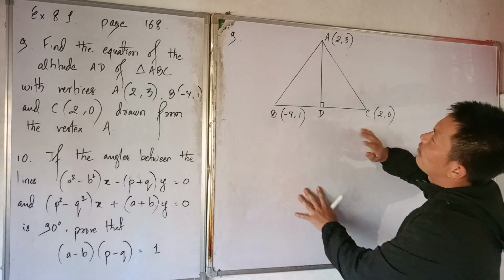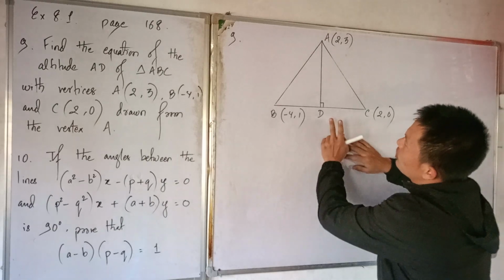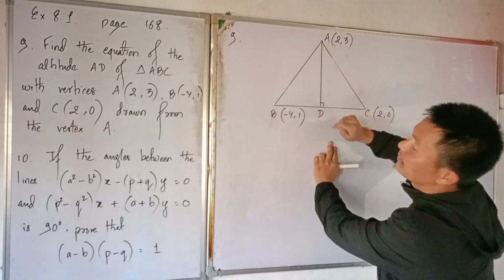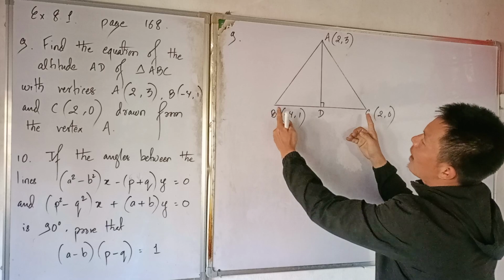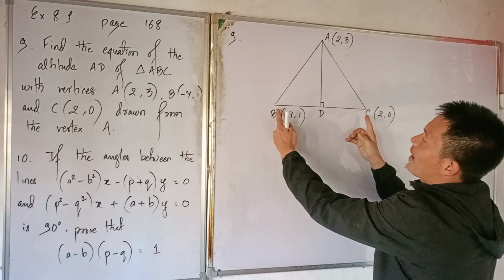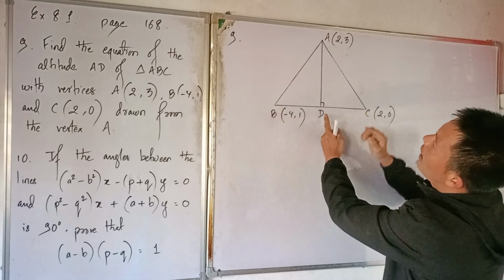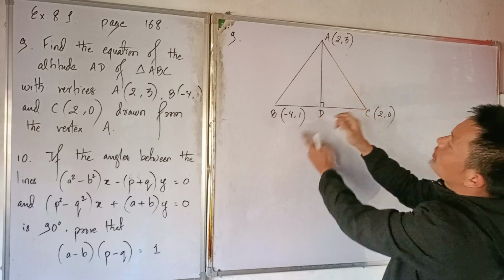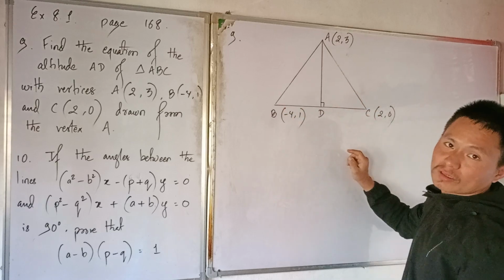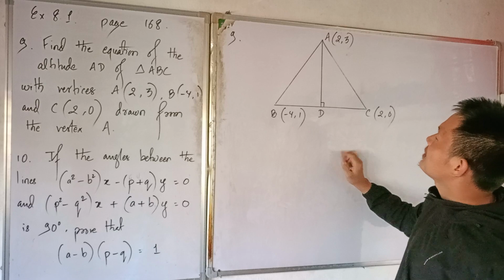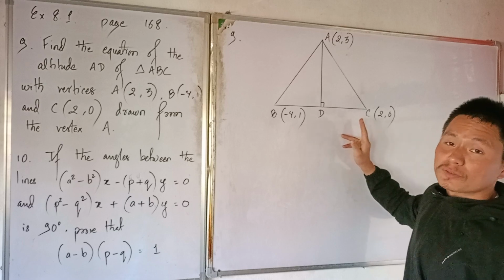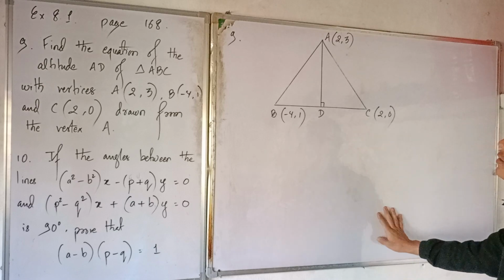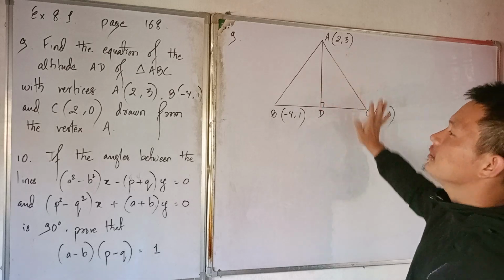The idea is to get the equation of altitude AD. The line BC is given, and we have to find the equation of line AD, which is perpendicular to the line BC, with ABC being the vertices of the triangle.